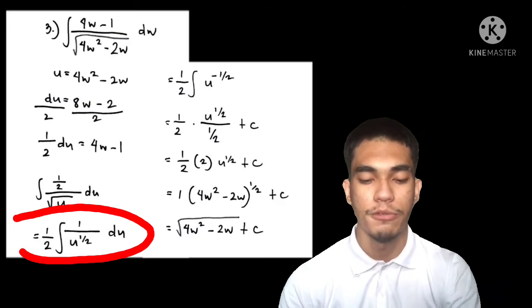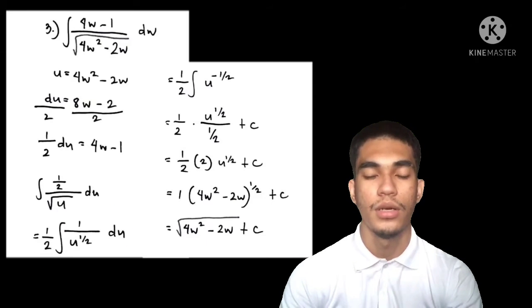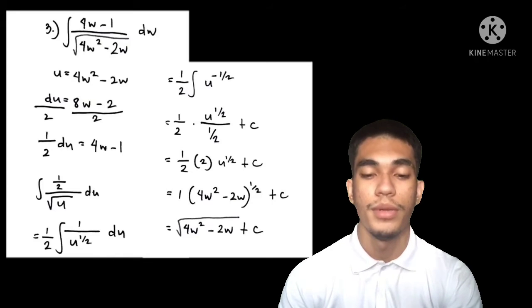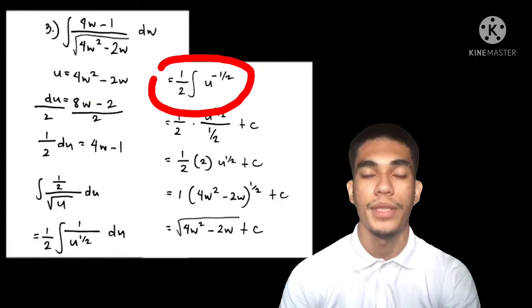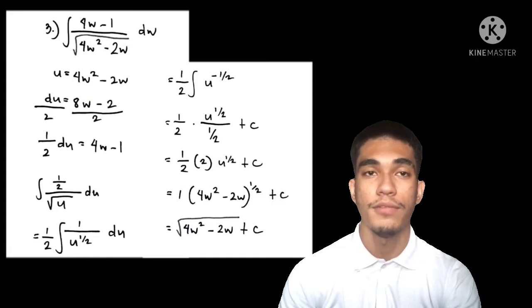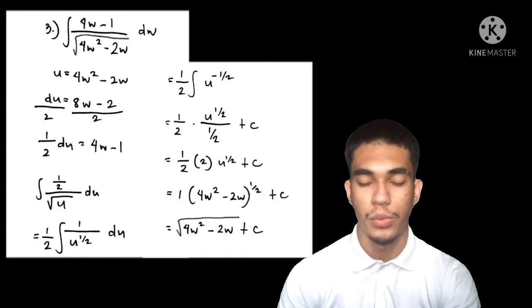Now we have 1 over 2 times the integral of 1 over u to the 1 half. Then we need to bring u to the top, so its power will become negative. Now we're ready to integrate, so negative 1 half plus 1 will become positive 1 half.